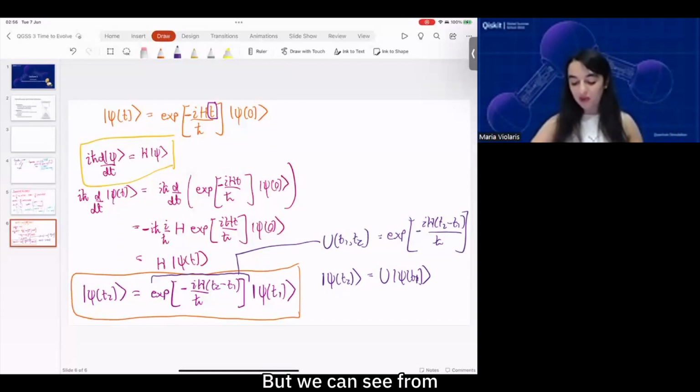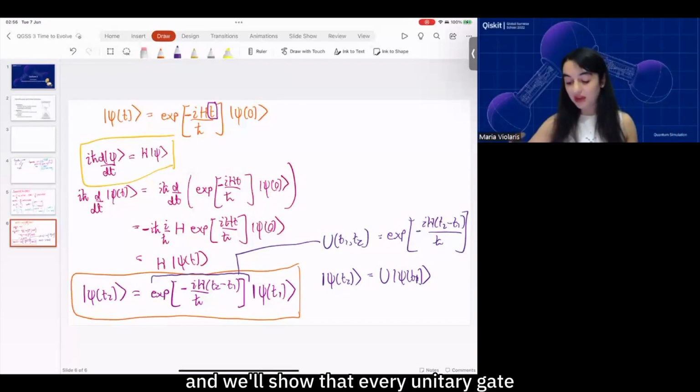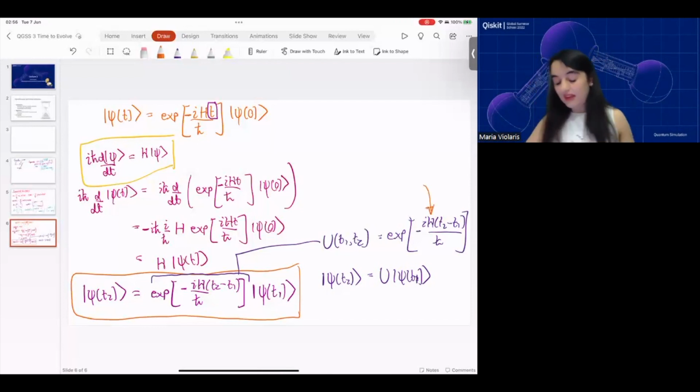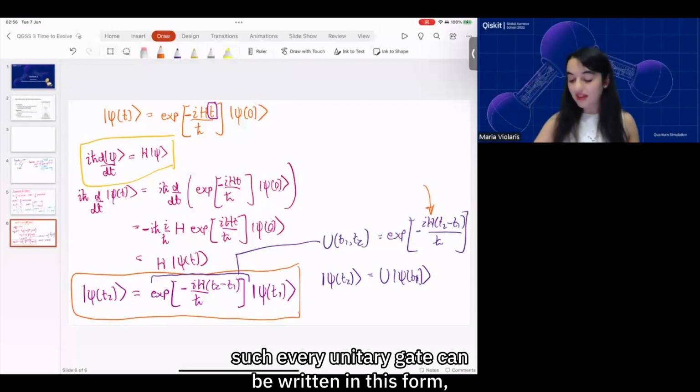But we can see, and we'll show, that every unitary gate actually has a Hermitian operator, such that every unitary gate can be written in this form.